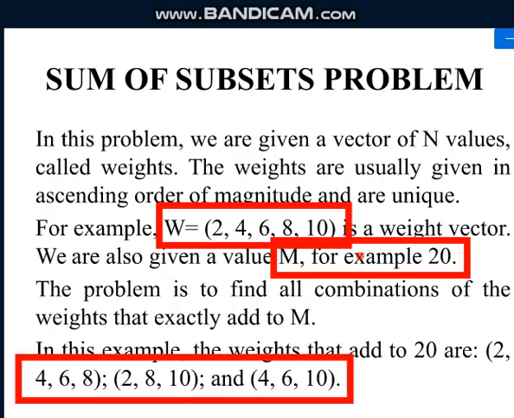If you consider the same example, you have 2, 4, 6, 8, 10 in your main set. But in the solution set, one of the sets has 2, 4, 6 and 8. That means 10 is not considered in that set. So it is 1, 1, 1, 1, 0.